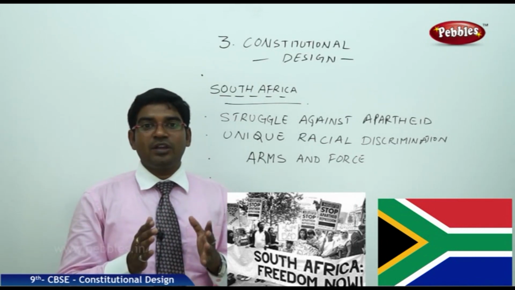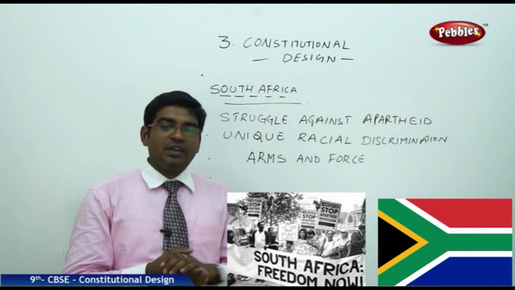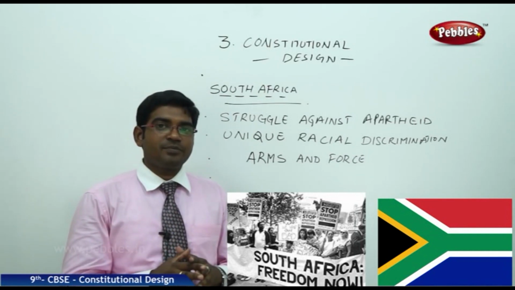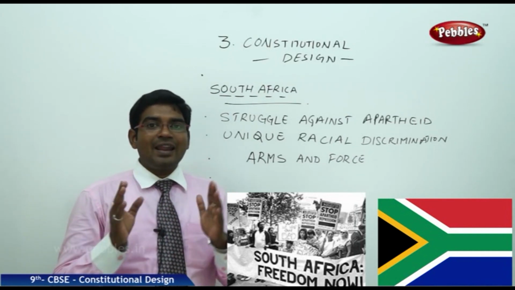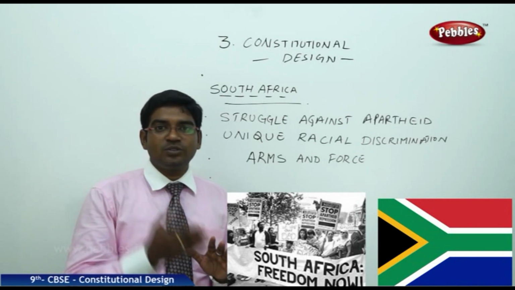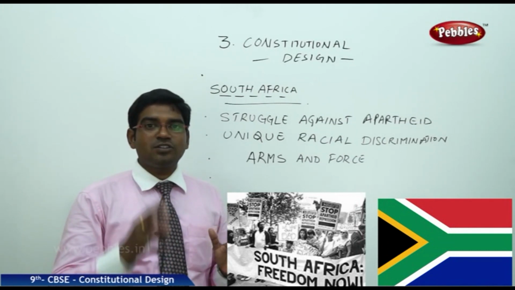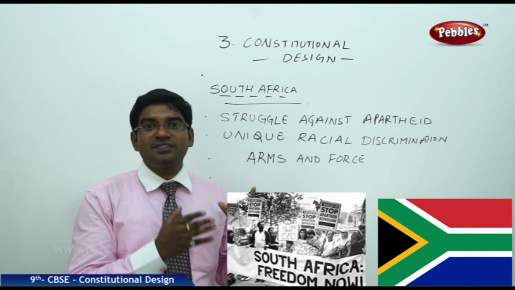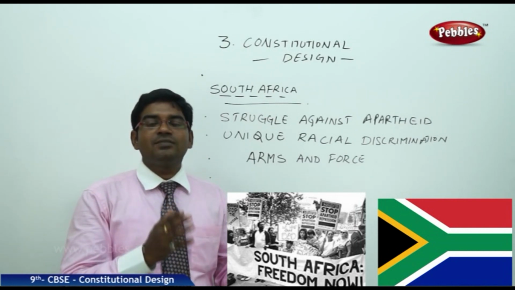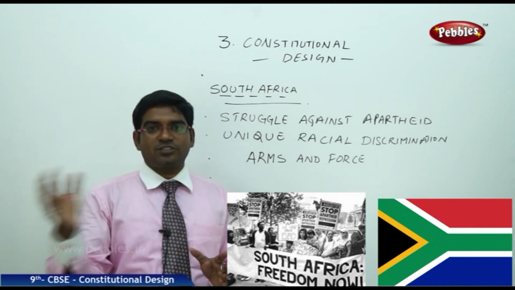If anyone violated the line of restriction, there were placard boards displayed everywhere saying that unless you have a permit, you should not enter this land, because this part of the beach is dedicated only for the whites to have their bath. This is how the segregation went to the extreme.